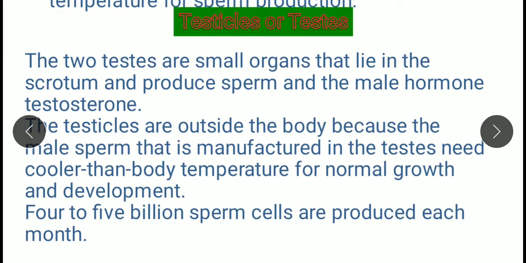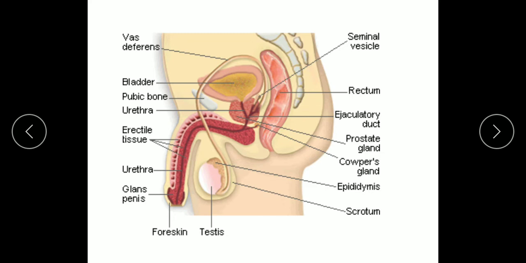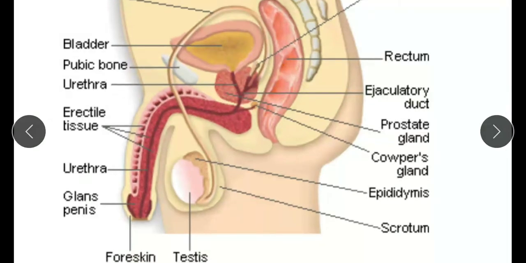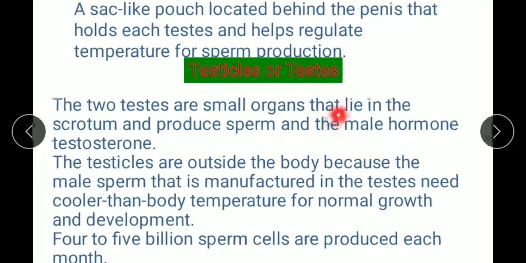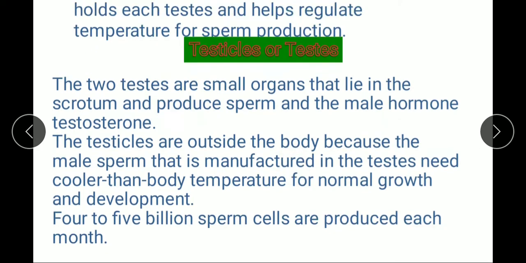Testicles are hanging outside the body, outside the abdominal cavity. 4 to 5 million sperm cells are produced each month.